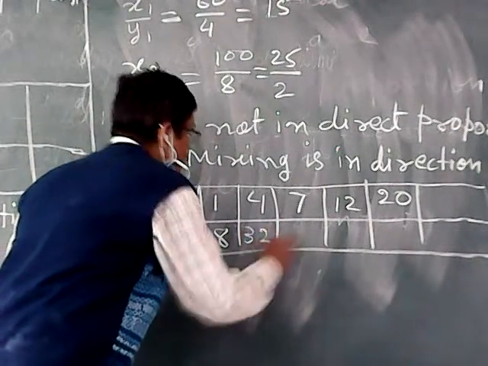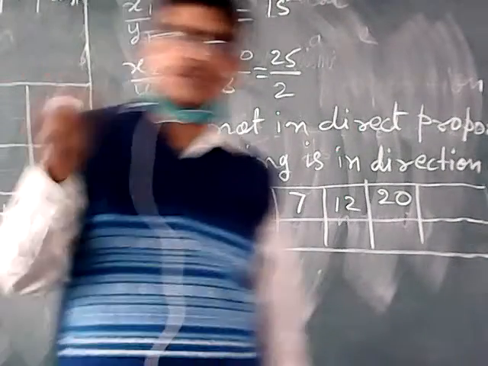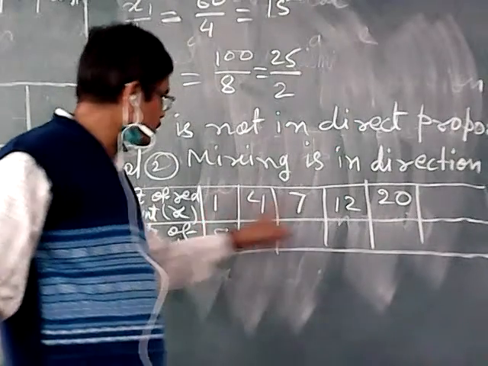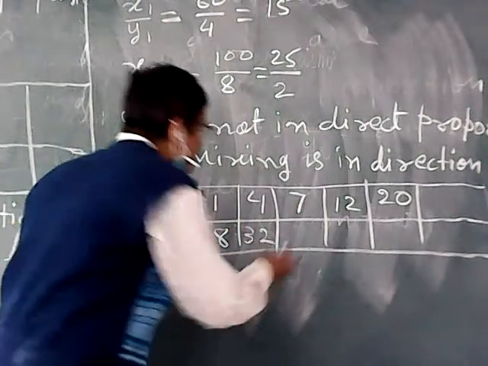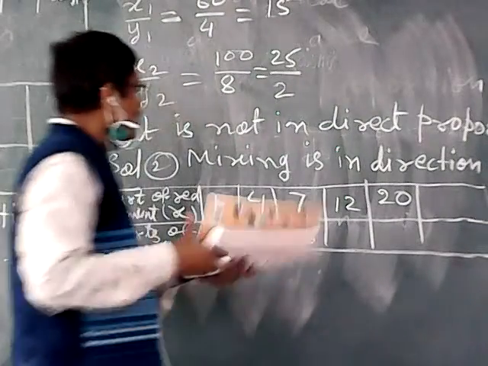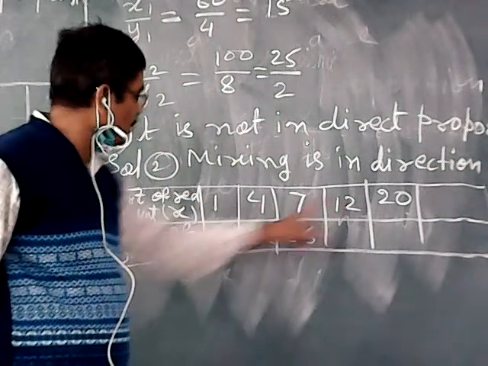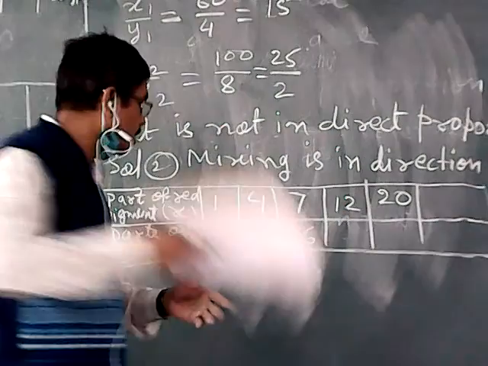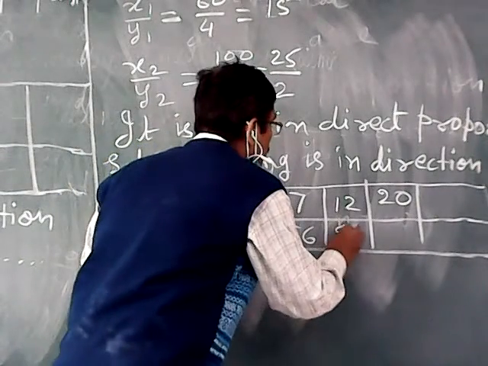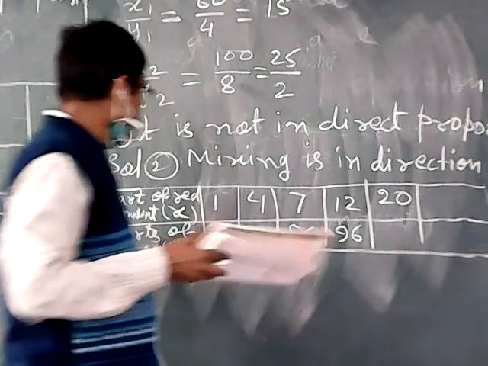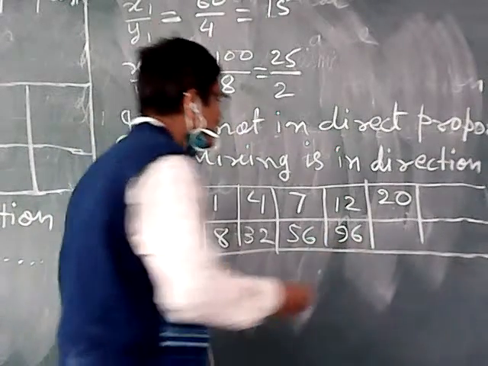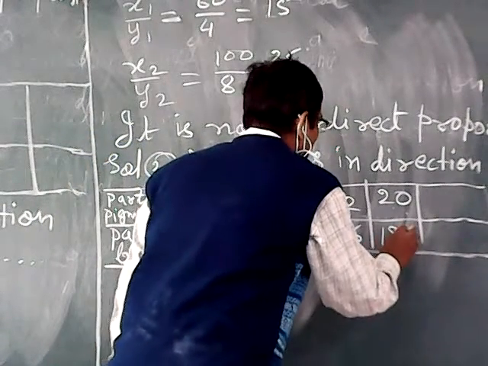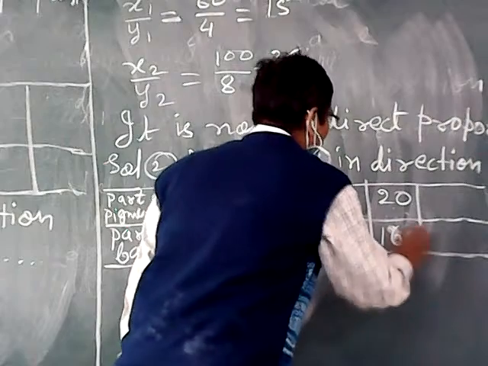Just like equivalent fractions we go ahead. 1 times 7 is 7, 8 times 7 is 56. Now 1 times 12 is 12, 8 times 12 is 96. 1 times 20 is 20, 8 times 20 is 160. So this is very simple.